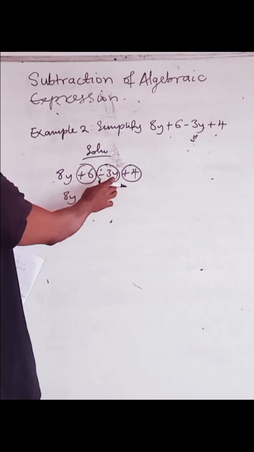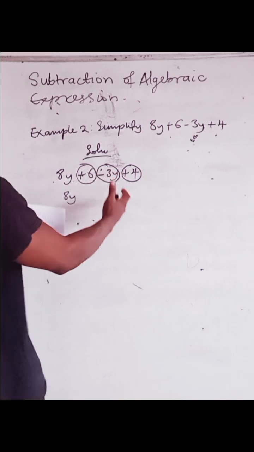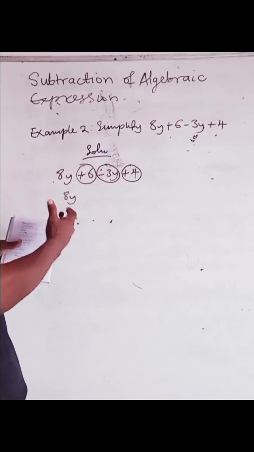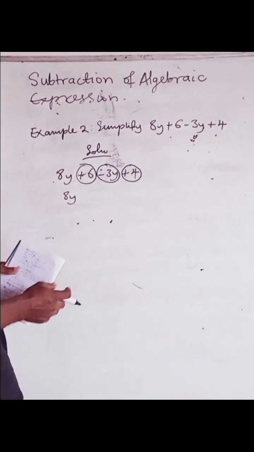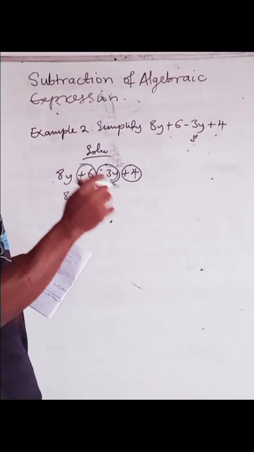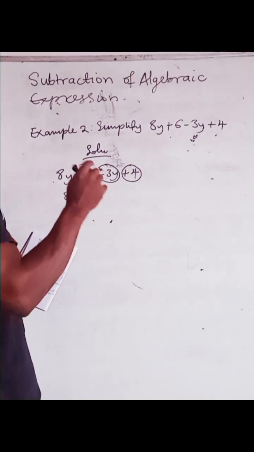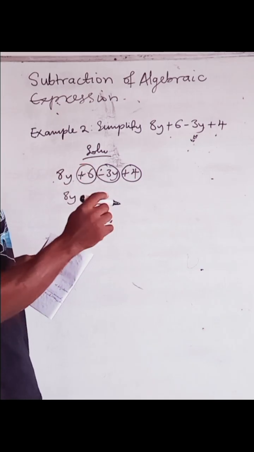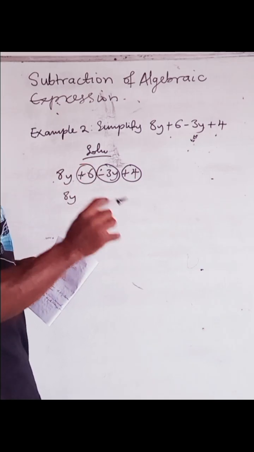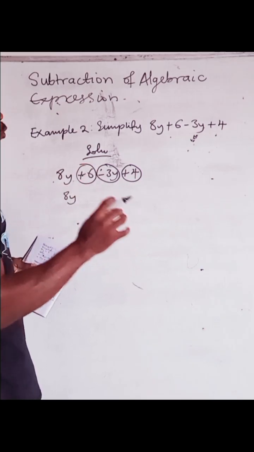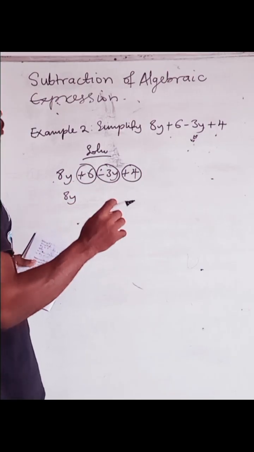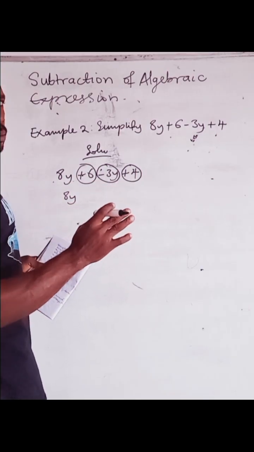So when you are collecting like terms, we are moving terms that have the same variable, or that are alike, to one side of the expression. Remember to always move the arithmetic operator along with the number, or to always move the sign.